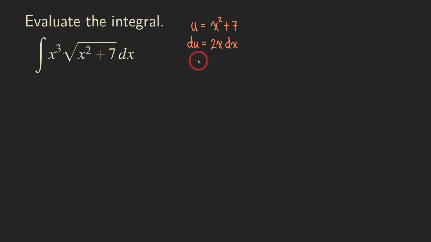Now, as you can see here, there is not anything that we can cancel with the 2x right here. So let's try to solve for dx and see what can be canceled. So let's divide both sides by the dx. So we're going to get 1 over 2x. I mean, divide both sides by the 2x, not dx.